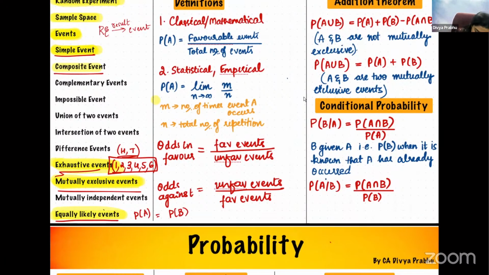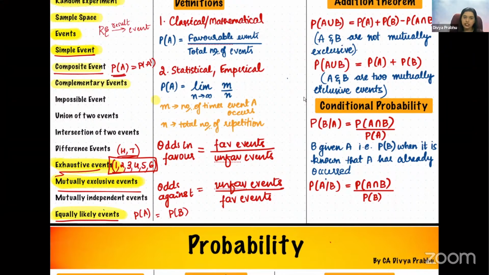Next, what do you mean by complementary events? Let's say I am taking probability of event A. Complementary is probability of A dash. Basically, it's the probability of non-occurrence of any particular event.